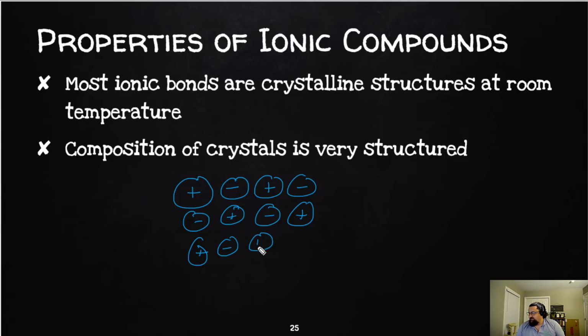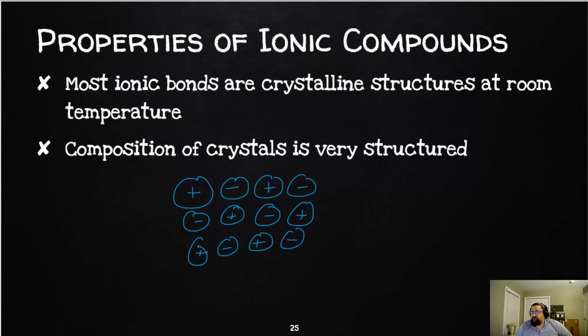And this will just keep going on, which is a crystalline structure. The composition of crystals is very, very structured. And this is why crystals are clear, because they're so structured, light can pass through unobstructed.